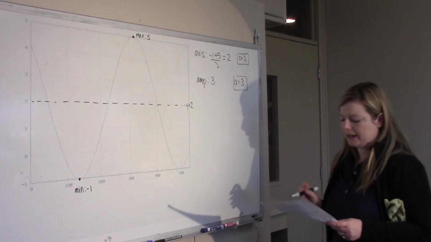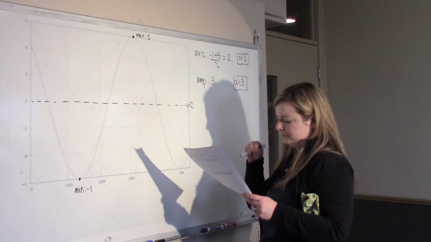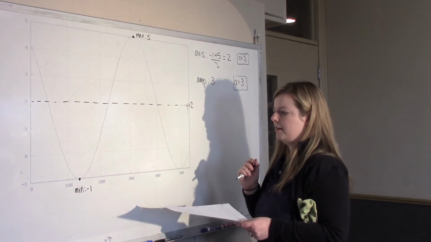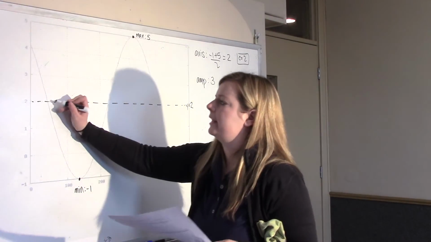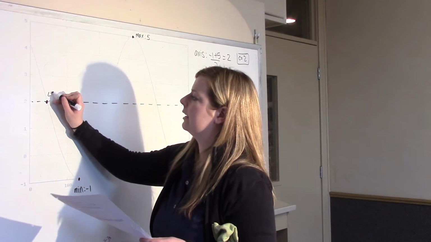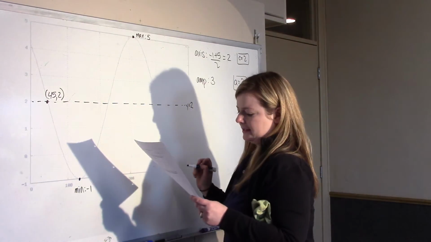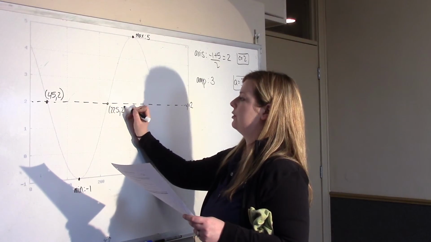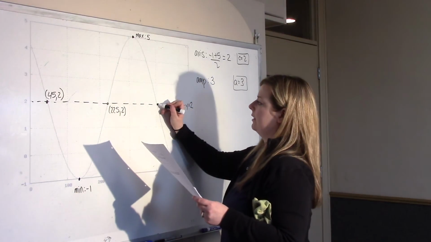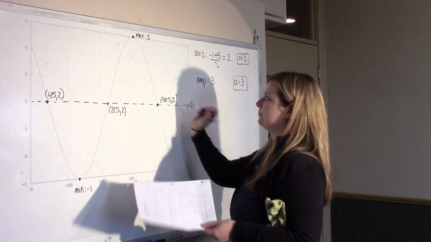The period is a bit more complicated because you can't necessarily see what these values are. I know it's not completely clear. So this coordinate here is 45, 2. This coordinate here is 225, 2. And this coordinate here is 405, 2.